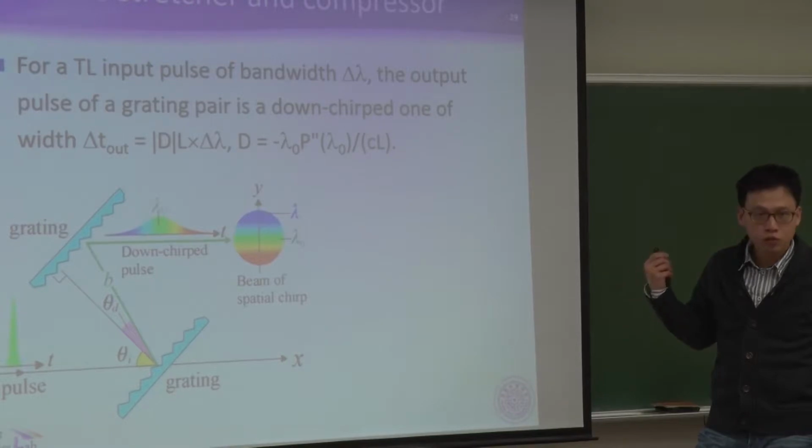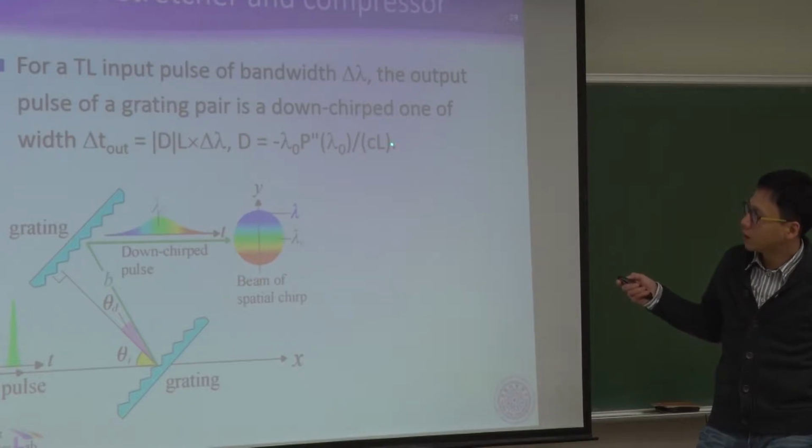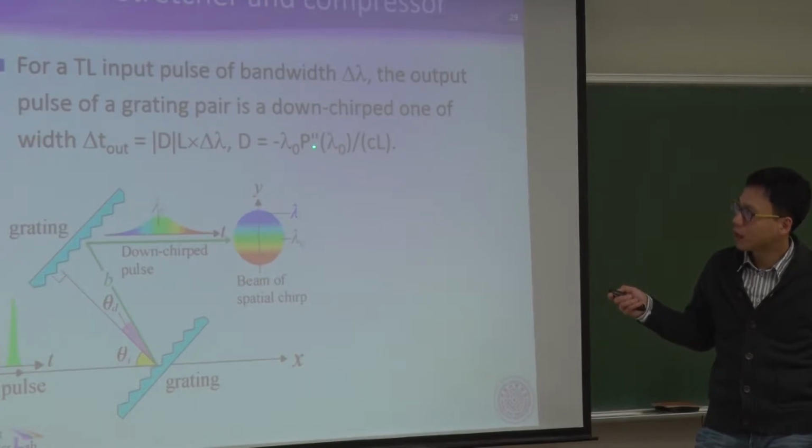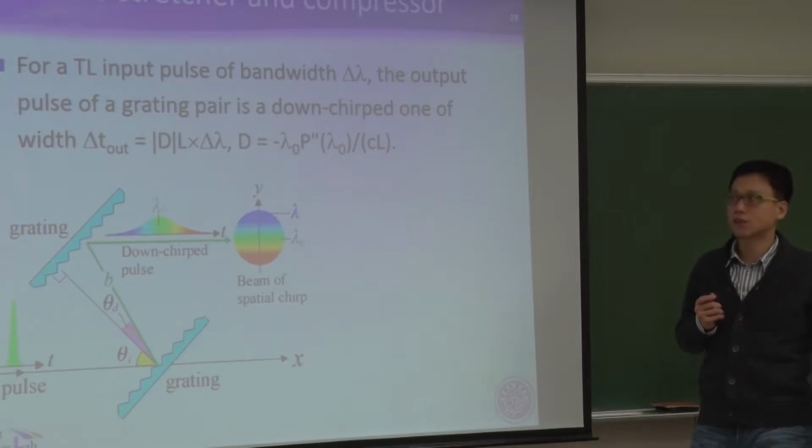But according to our previous formula, the GVD parameter, big D, can be evaluated by this formula, P double prime, the optical path length performing second order derivative with respect to wavelengths. Okay? If you do that, you can calculate D, then you can calculate output pulse width.